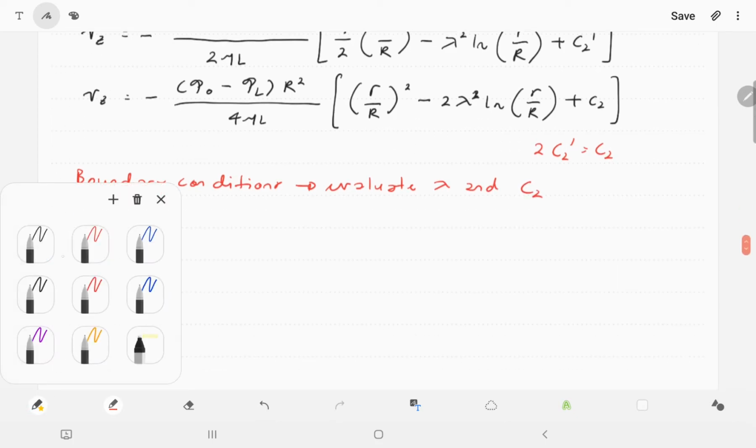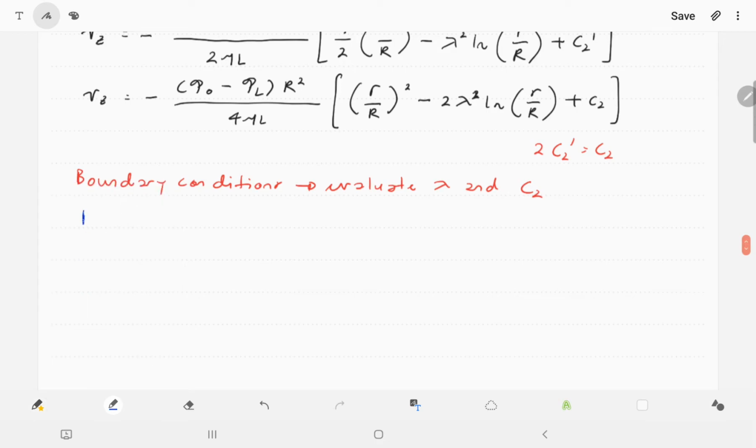So BC1 will be at r equal kR, vz is equal to 0. BC2 at r equal R, vz is equal to 0.